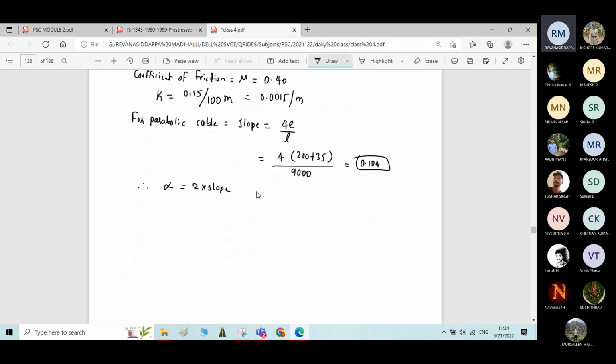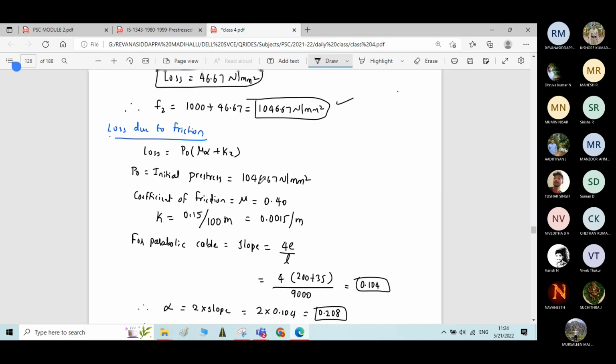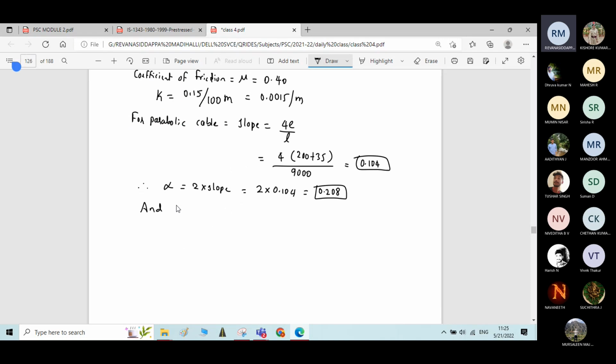2 into slope. So 2 into 0.104, if you do, you will get the answer as 0.208. And you need the value of x now. X is taken as L if the cable is pulled from one end, that too in meter.